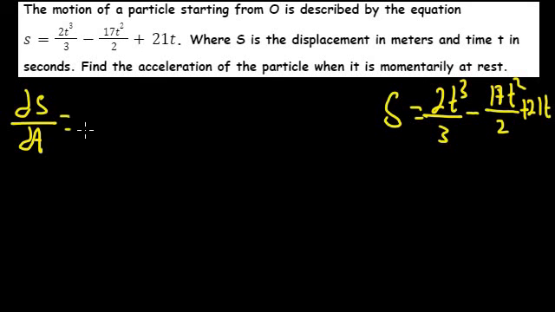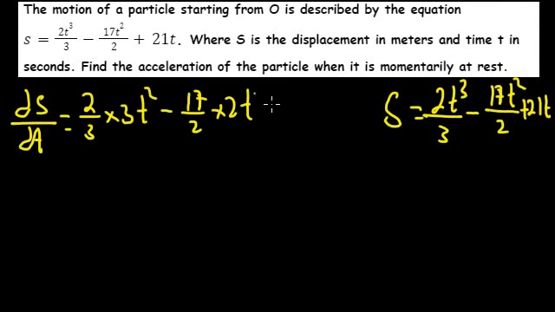So ds/dt will be equal to, when the 3 comes down, we have 2 over 3 times 3t squared, minus 17 over 2 times 2t, then plus 21. ds/dt equals, 3 reduce, 2 reduce.